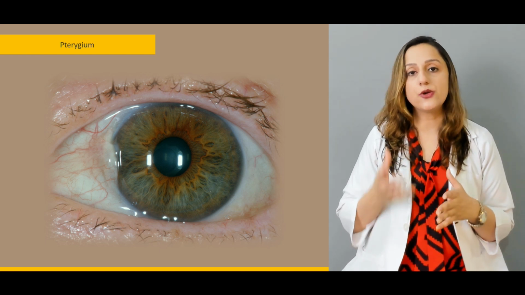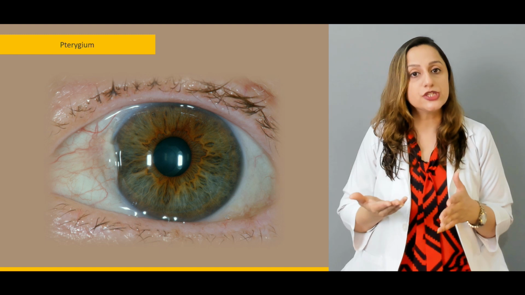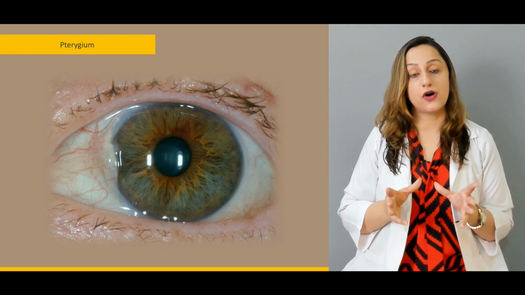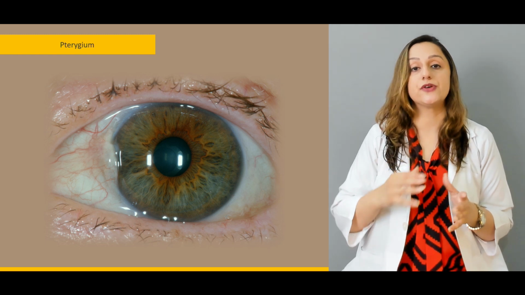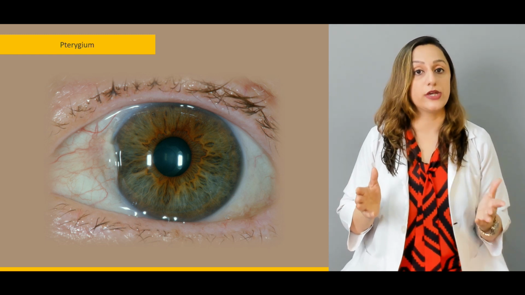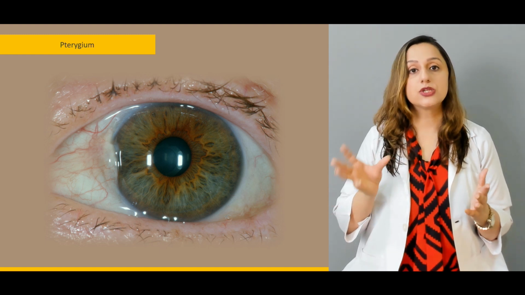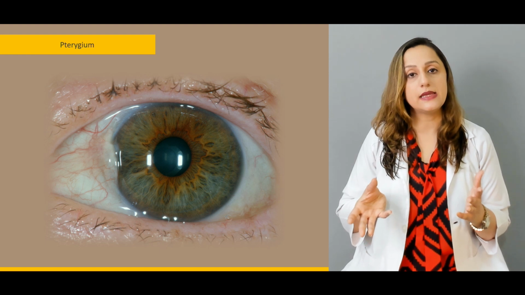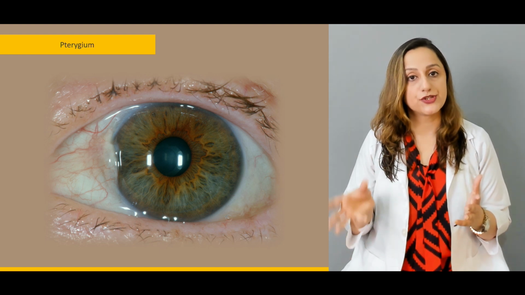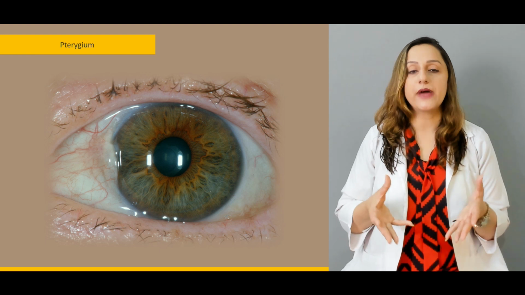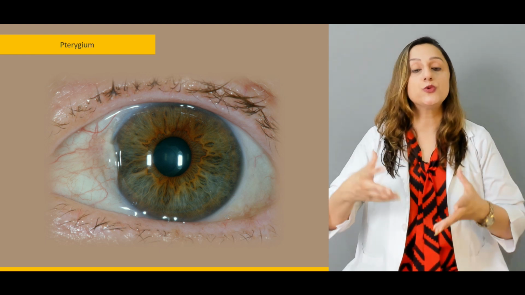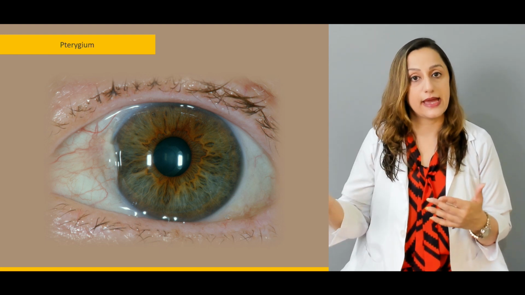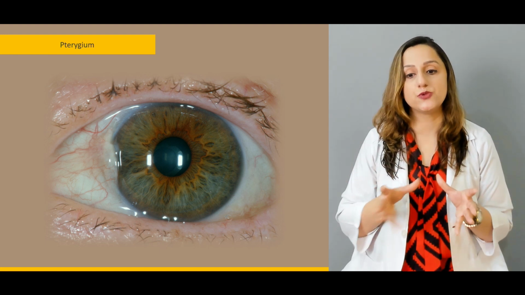So it's going to depend upon what type of pterygium we are dealing with, and on looking at this particular kind of pterygium, we'd observe that there is a head, a neck, and a body, and there's also a cap. The cap is going to cover the head, and it's usually present in the regressive kinds of pterygium. In the progressive kinds of pterygium, we have the Fuchs spots, which are present anterior to the head, on the cornea of the individual.